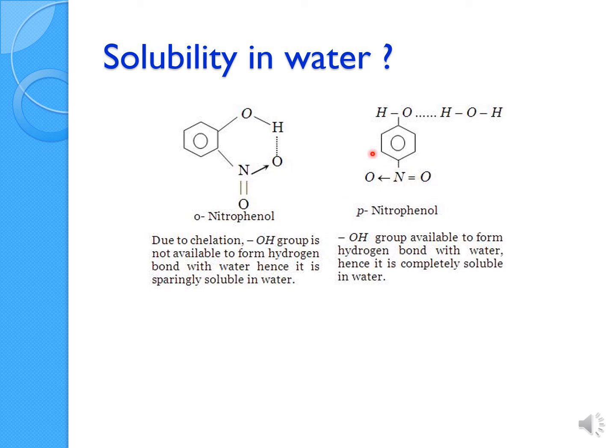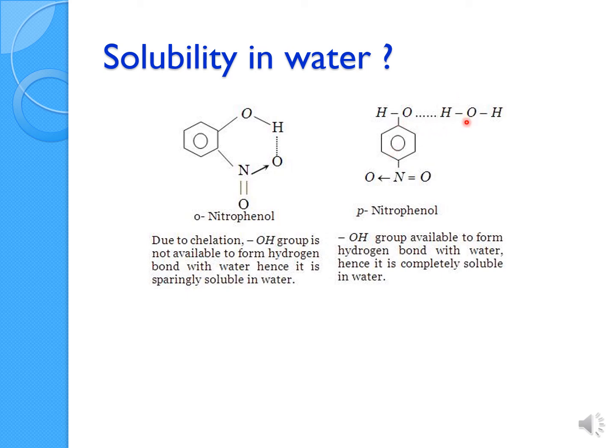Whereas, if you dissolve paranitrophenol in water, since paranitrophenol can form intermolecular hydrogen bonds with water like this, that is, a bond is formed between the oxygen atom of paranitrophenol and the hydrogen atom of water.